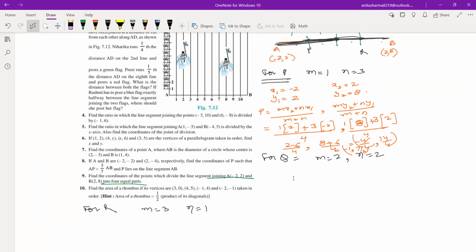Okay. And what about others, beta? Yes, children? Puria, what happened?